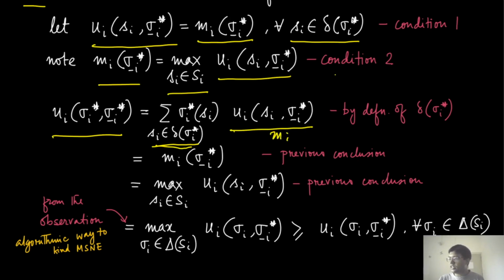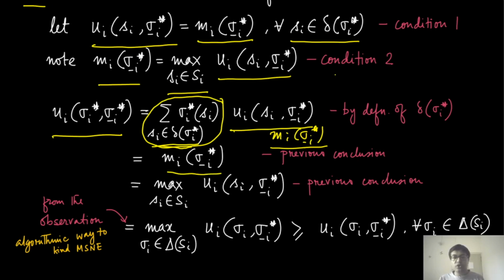So you can just write mi of sigma minus i star in this place, and because this is not dependent on Si anymore, you can treat this as a constant in this summation. You can take that out, and for the rest of the sum, you know that it is going to be 1, because this is a probability distribution and you are summing over all the positive values. For every other Si prime which is not in the support, sigma i star is going to be 0. So this must be equal to 1.